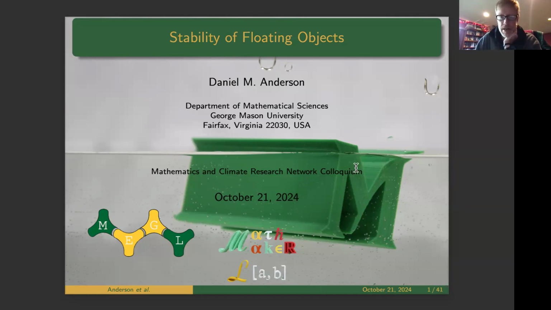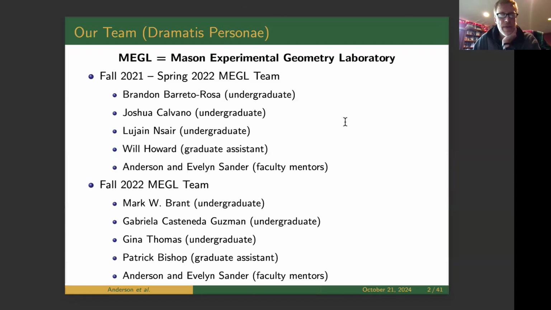Let's see. So most of this work has been done with two different groups of mostly undergraduate students at Mason. We have an experimental geometry lab called MEGL, and started in fall 2021 with a group of 3 students. We had a grad assistant and my faculty colleague.